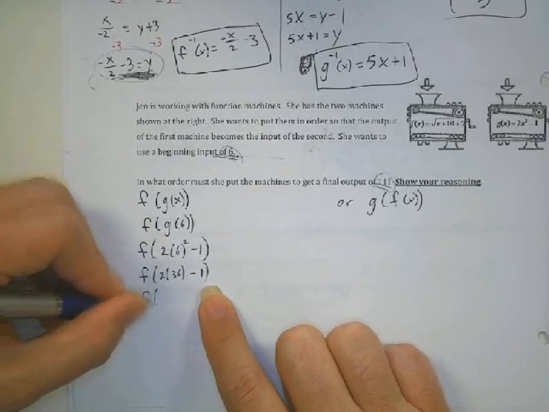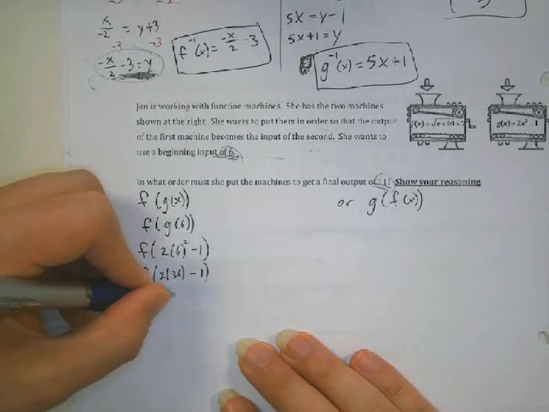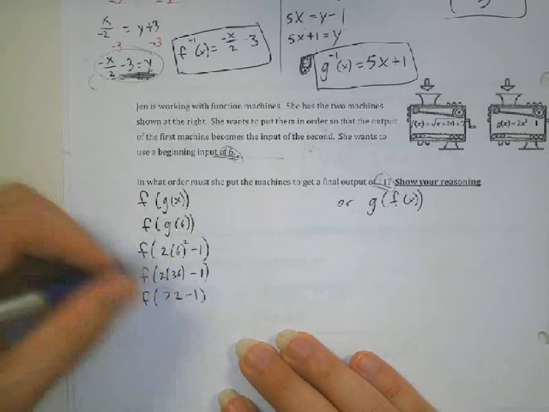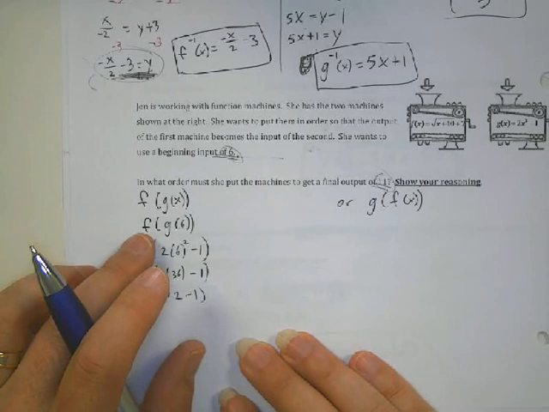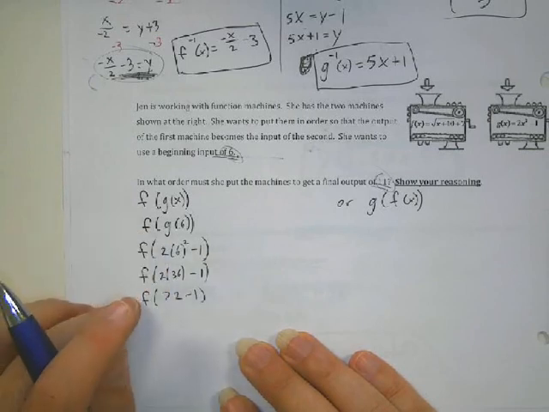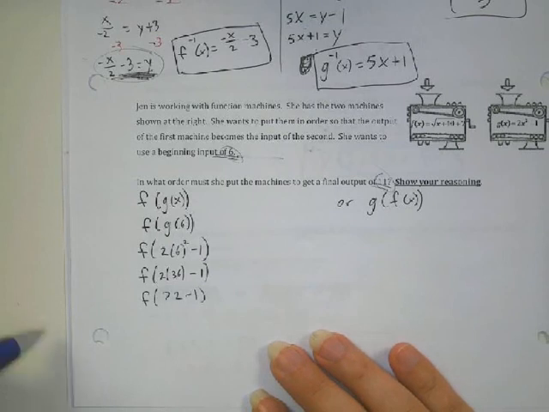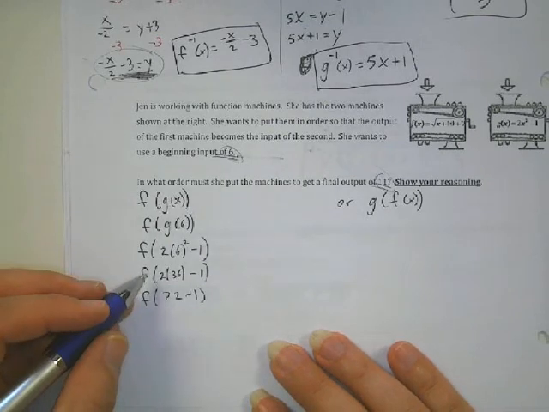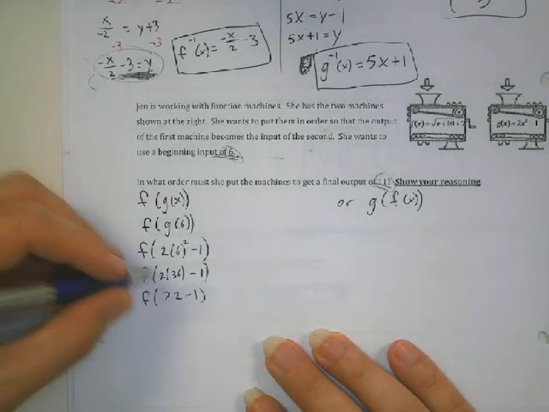So 2 times 36 is 72 minus 1, which is going to be, did I do something wrong? No, we're good. Which is 71.